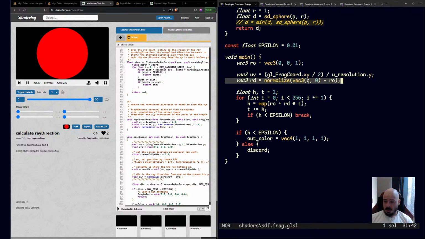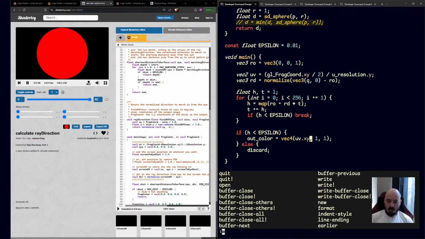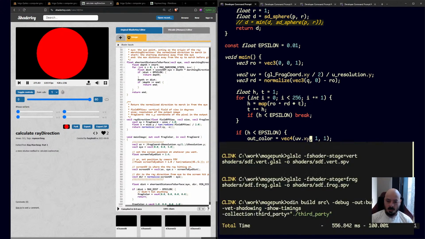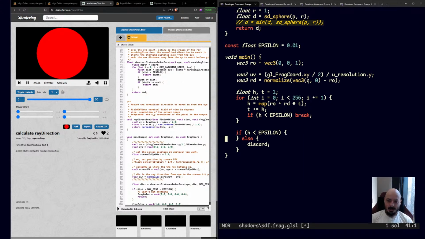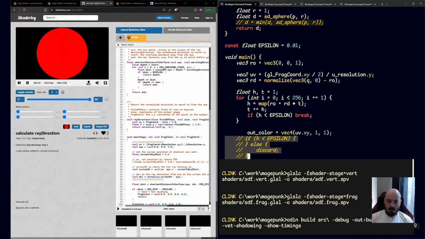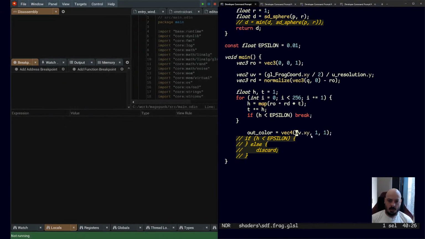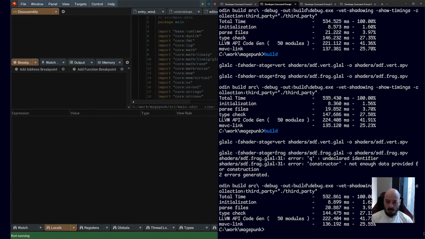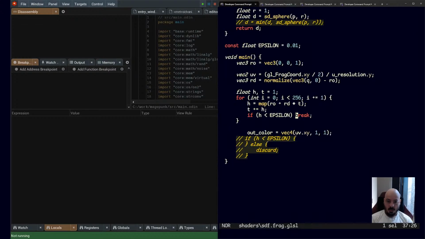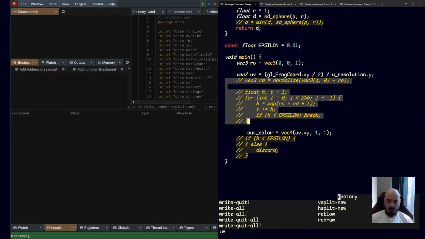You can output the UV as out color and you will get it. Oh yeah, okay, that's a good idea. Let's hope I'm not too stupid. Actually, I'll just do this. Well, it's white because it didn't build. Yeah. Okay. Whoops. I'm just going to delete this.